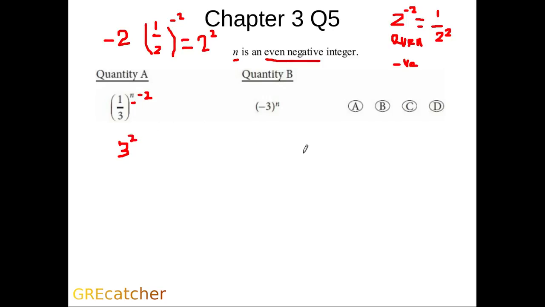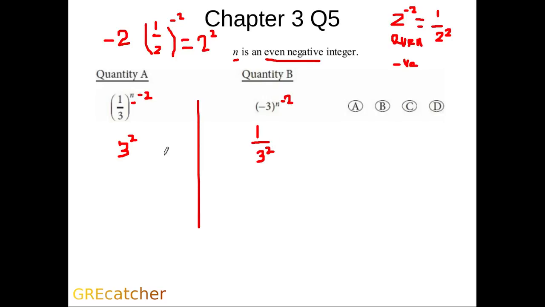Maybe you don't need to simplify it more, but I think it's enough. Now you have negative 3 raised to the power of negative 2, and simply it will reverse it: 1 over 3, raised to the power of 2.